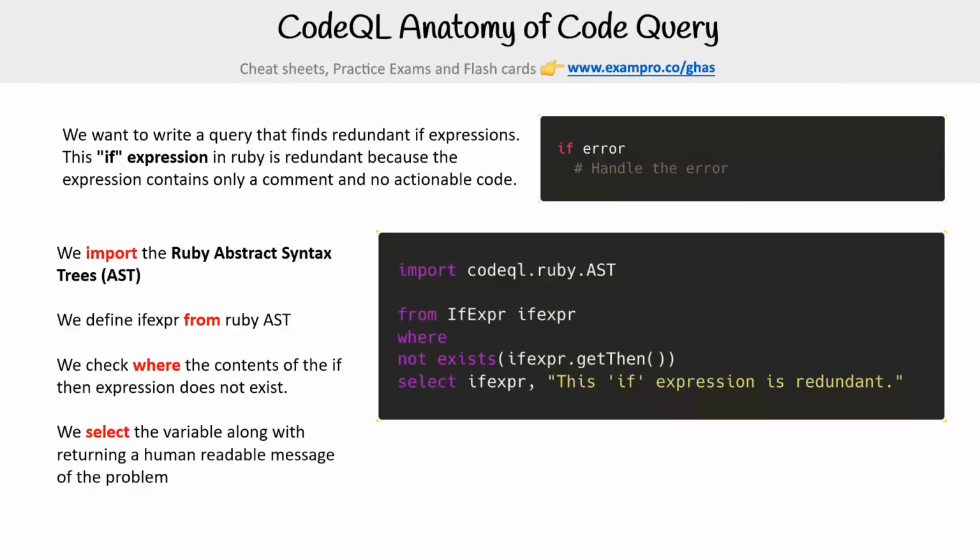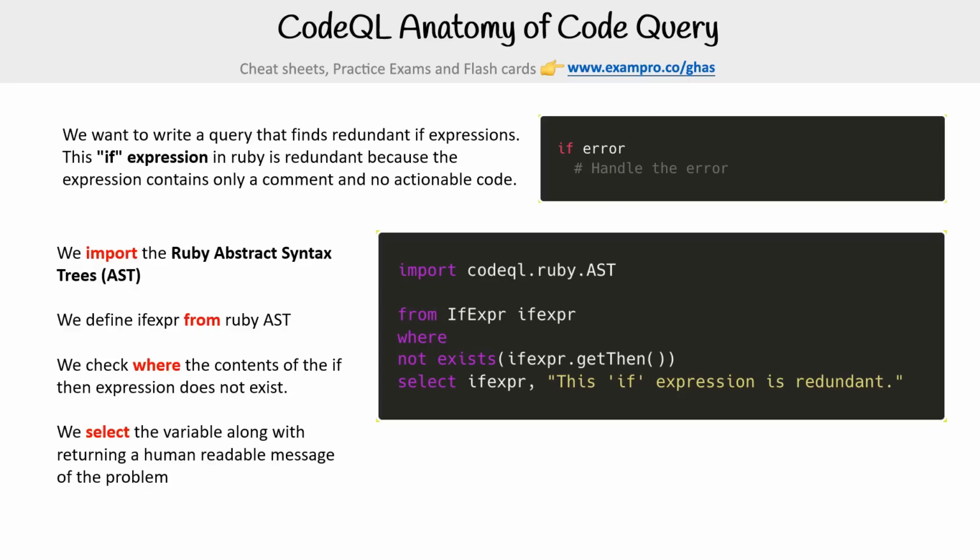So let's put this in practice. If I had the above, which is if error, handle the error as a comment, the if expression in Ruby is a bit redundant because there is nothing really going on if I use the if statement. But what if I wrote it the way that it is at the bottom? I first import the Ruby abstract syntax tree, which is the AST file for CodeQL. After that, I use the IfExpr. Now it calls IfExpr, which is from that ruby.ast file that I imported just before.